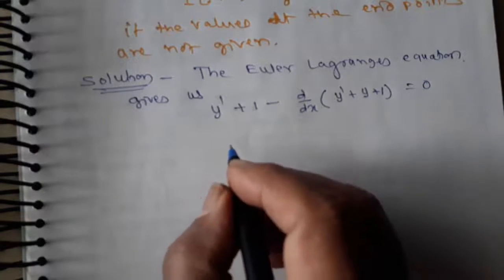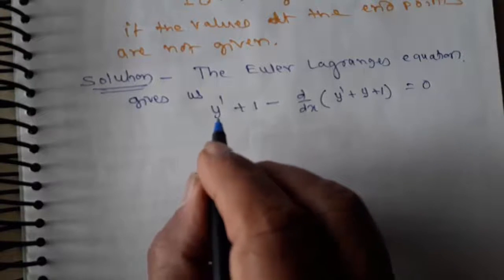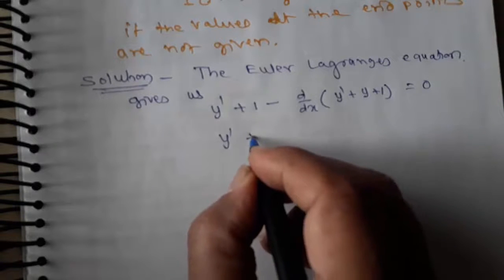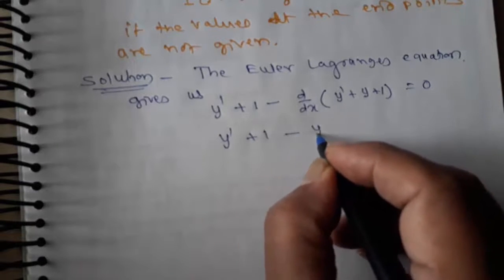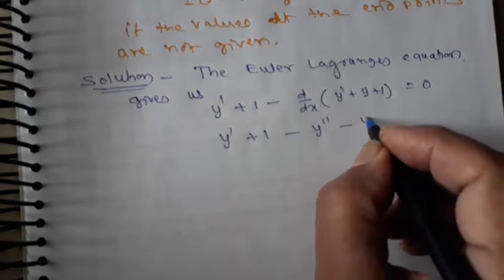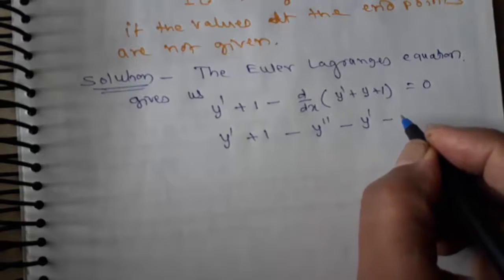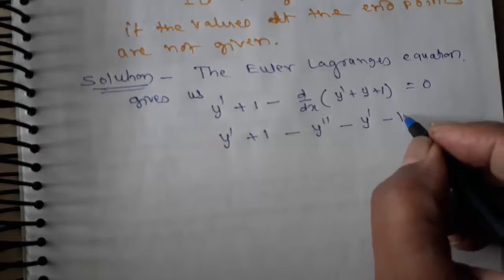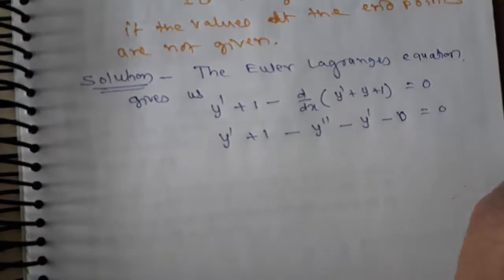If you solve this, we will get y' + 1 minus y'' minus y' minus 1 minus 0 equal to 0.